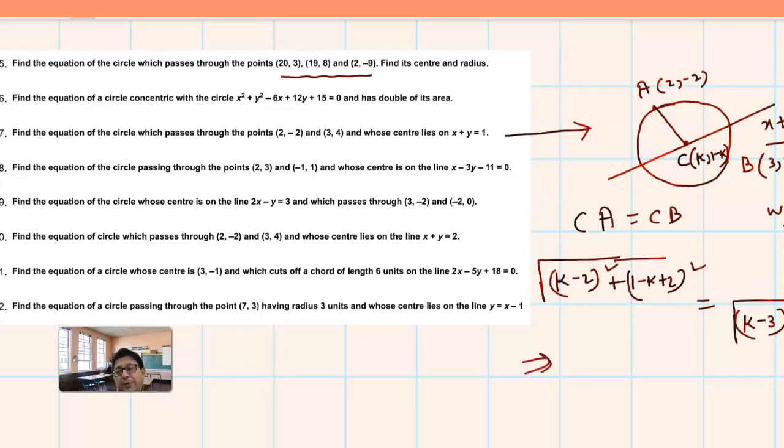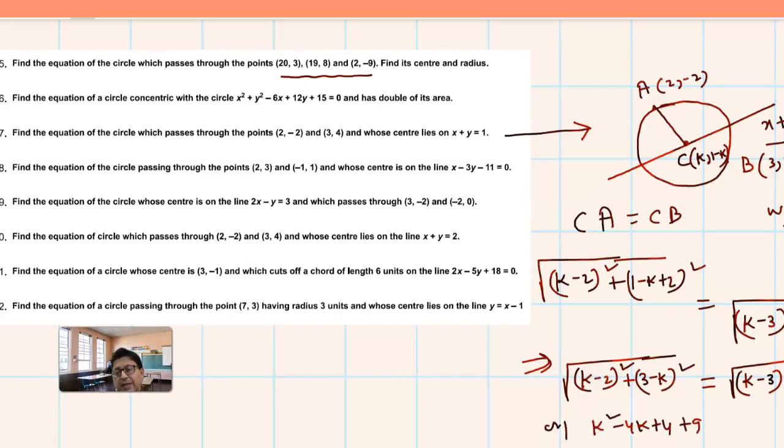So this is under root (k minus 2) whole square plus (3 minus k) whole square equal to under root (k minus 3) whole square plus (k plus 3) whole square.